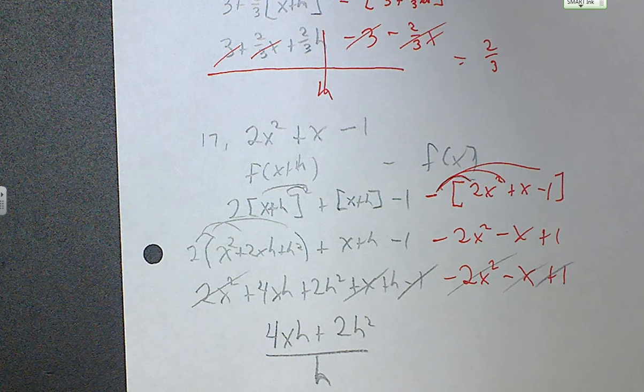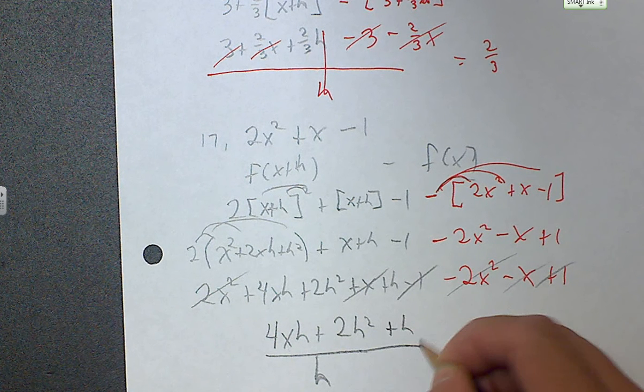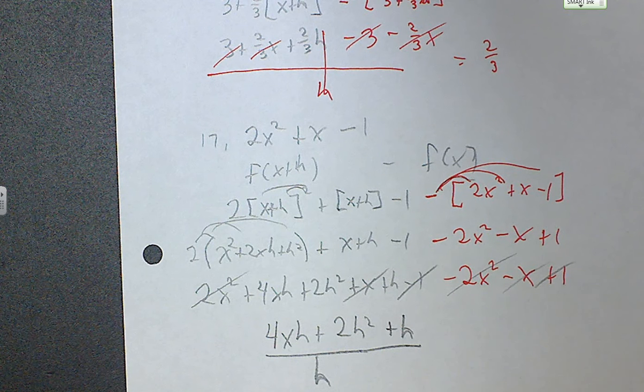Did I miss something? Yeah, plus h on the top. Thank you, sir. I missed that one. Okay. Everybody got that? Alex, you got that? So at this point, you either need to undistribute an h on the top, or just start dividing an h out of every term. However you want to think about it, it's fine. It's safer to undistribute the h.